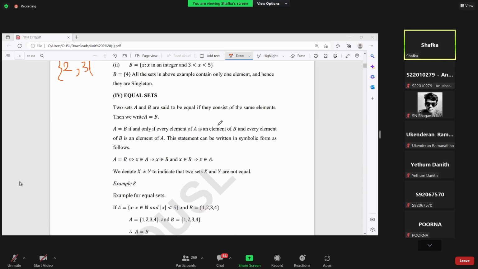Earlier, some students said the elements should be identical. Yes, if we have 1, 2, 3, this is equal to this one. Maybe the order is changed, but the elements are the same.